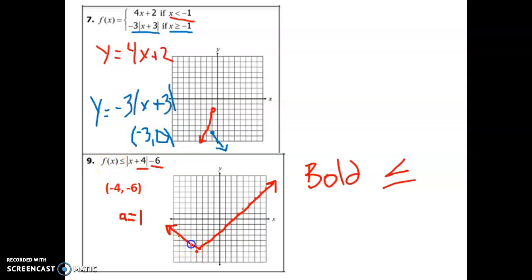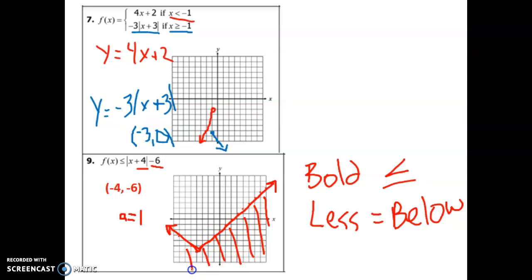Less than really means we need some shading. So decide where we're shading. Less means below. So we're going to shade below our absolute value function. So everywhere below is where our values fall. So the solutions to this inequality are any point below the absolute value.